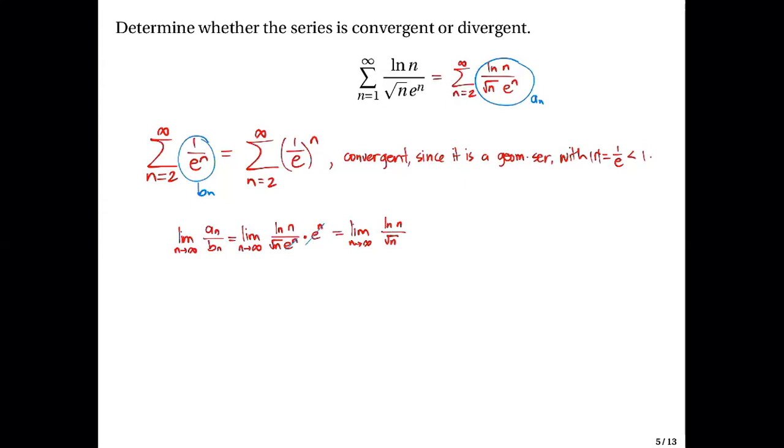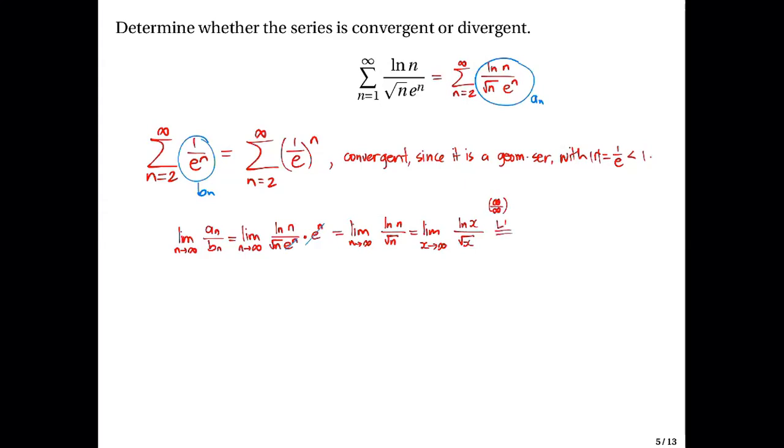Replace lang natin na isipin natin na continuous functions sila. So, I'll replace the variable with x so that I will have ln of x divided by square root of x. As x approaches infinity, ln of x goes to infinity, square root of x also goes to infinity. So this is of type infinity over infinity.